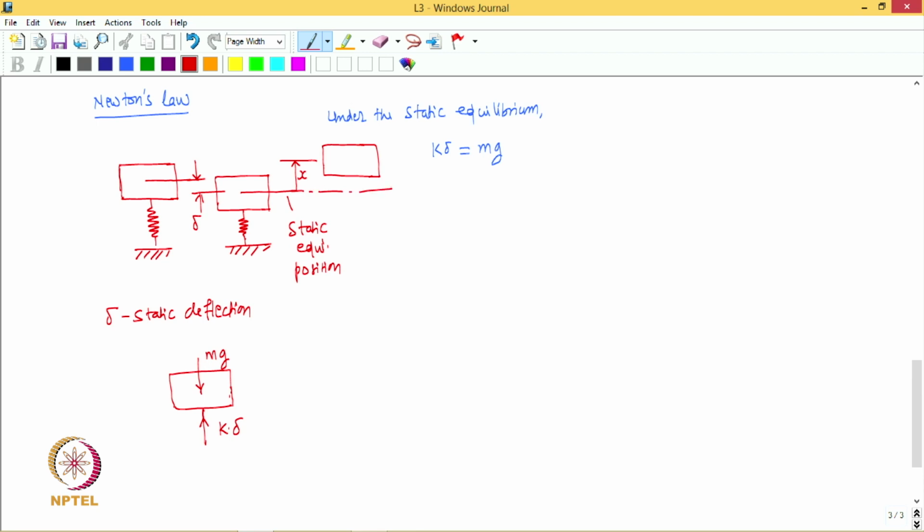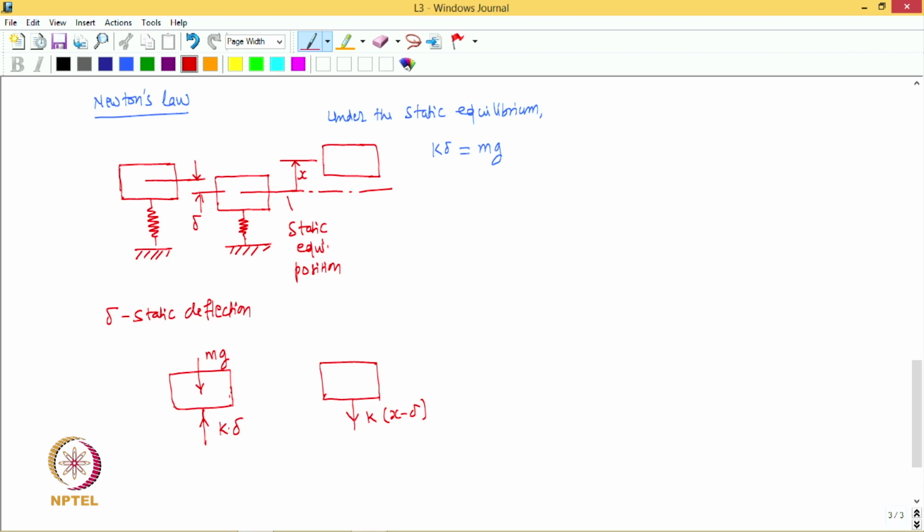Now we need to make the free body diagram again in order to write the equilibrium under the displaced condition. Under the displaced condition, the force due to the spring would be due to the net deflection.